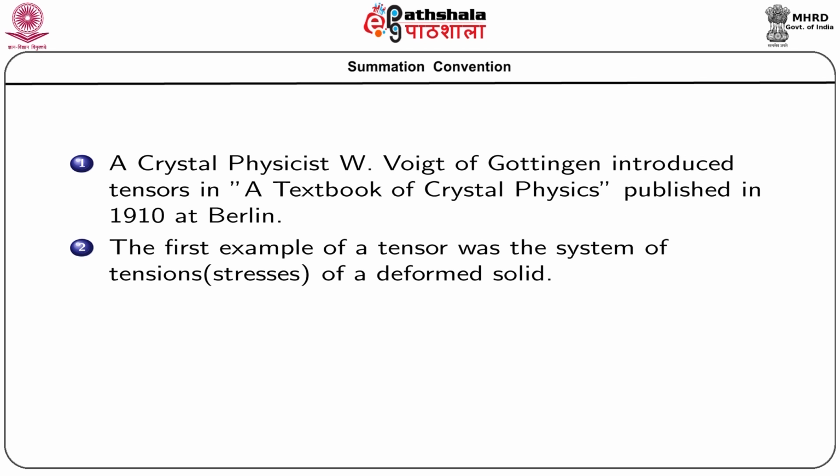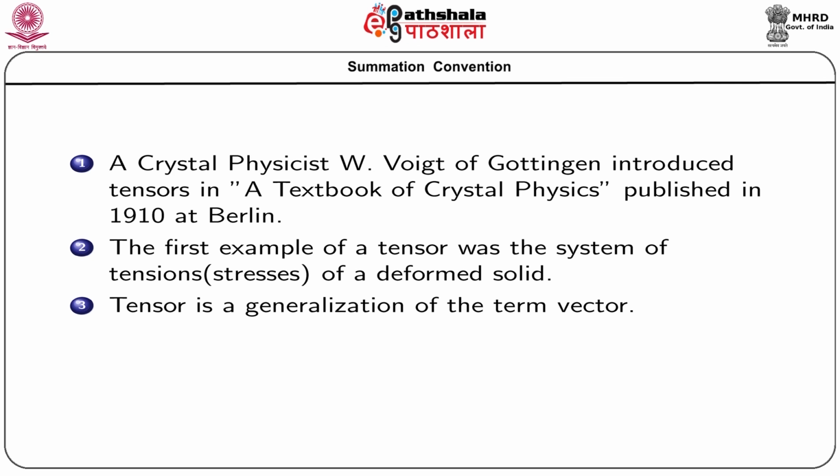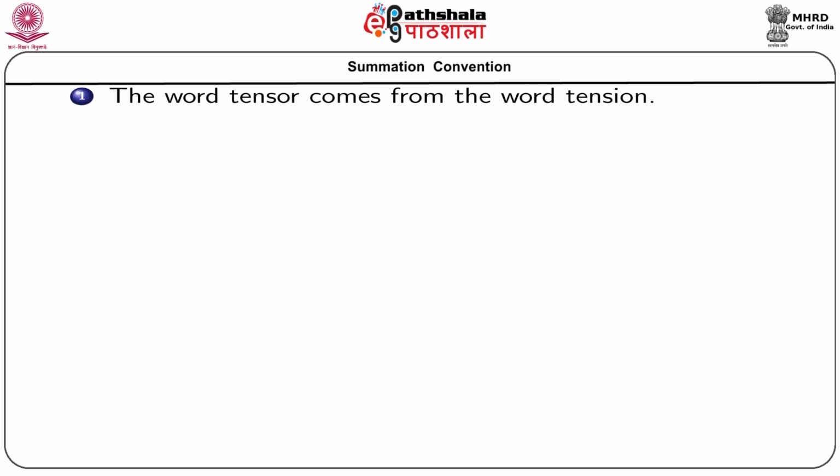The first example of a tensor was the system of tensions of a deformed solid. When a solid is deformed, tensor is created. We can discuss this by a picture which is coming after the next slide. Tensor is the generalization of the term vector. The word tensor comes from the word tension.